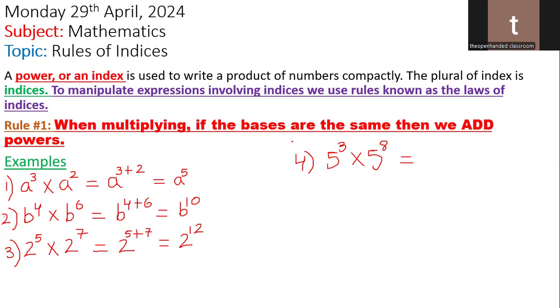Casey said 5 to the power of 11. How did you get that? I add 3 and 8. Very good, you add 3 and 8, so it's going to be 5 to the power of 3 plus 8, which is equal to 5 to the power of what? What is 3 plus 8? 8, 9, 10, 11. It's going to be 5 to the power of 11. Very good.